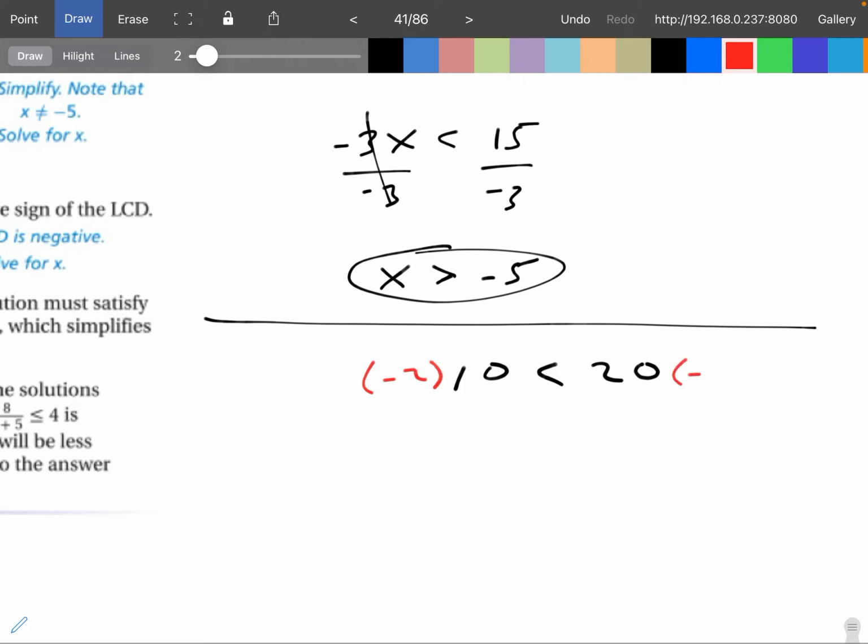If you have an inequality and you multiply both sides by negative 2, then on the left-hand side I'd have negative 20, and on the right-hand side, I'd have negative 40. Which number is greater, negative 20 or negative 40? Yeah, negative 20 is further to the right on the number line. So you got to flip it the other way. So negative 20 is greater than negative 40.